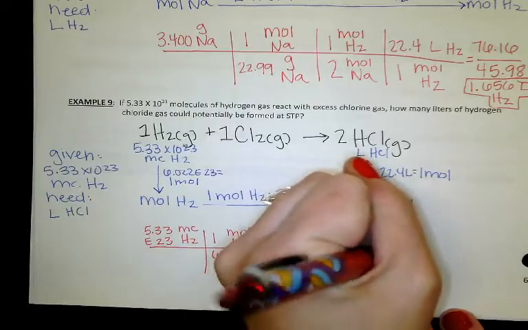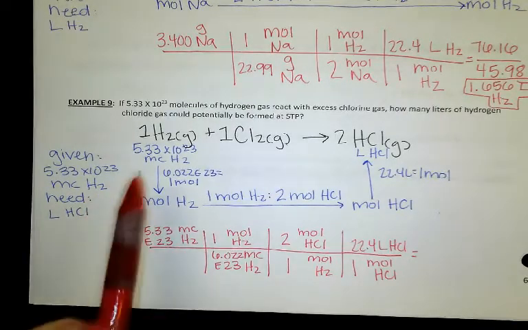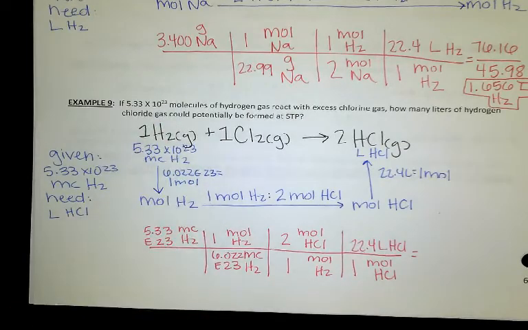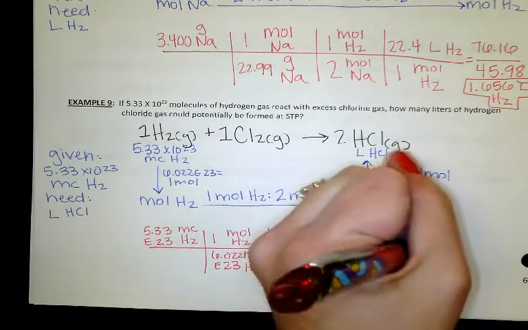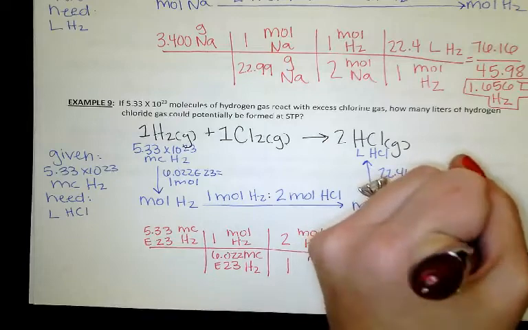Now remember, this 22.4 can only be used with gases. That's why it's important that it says hydrogen chloride gas. So we're going to have 5.33 times 10 to the 23rd times 2 times 22.4. That's going to give us 2.39 times 10 to the 25th on top.